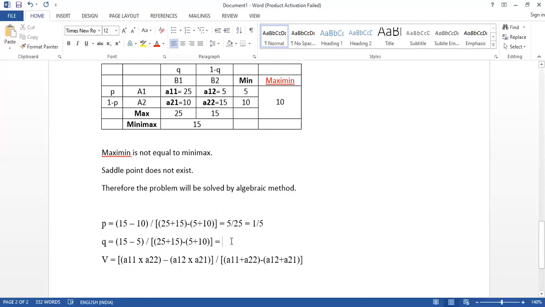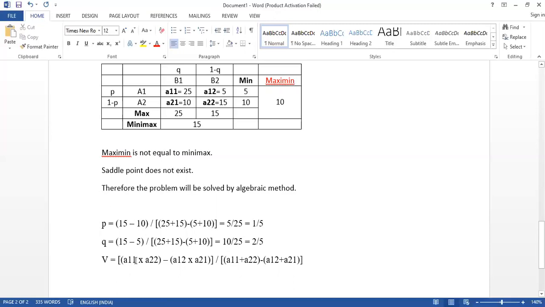So it is 15 minus 5 is 10 divided by 40 minus 15 is 25. So it equals 2 by 5.